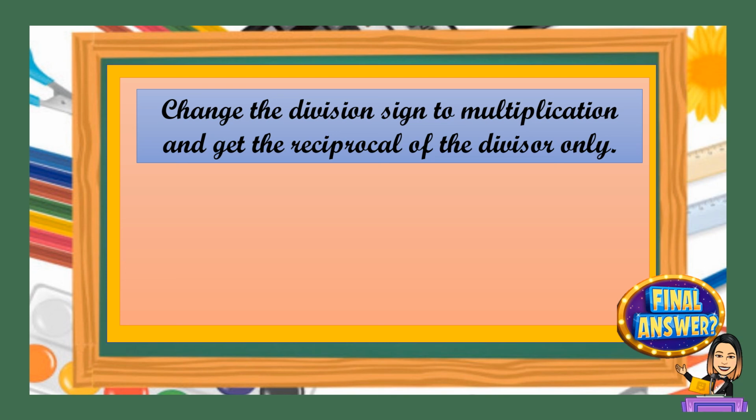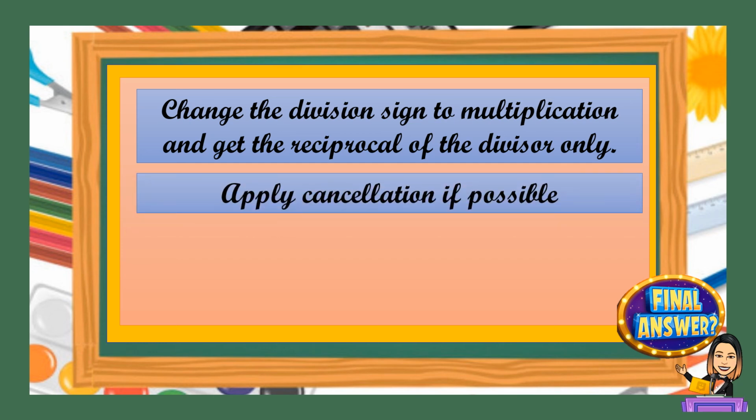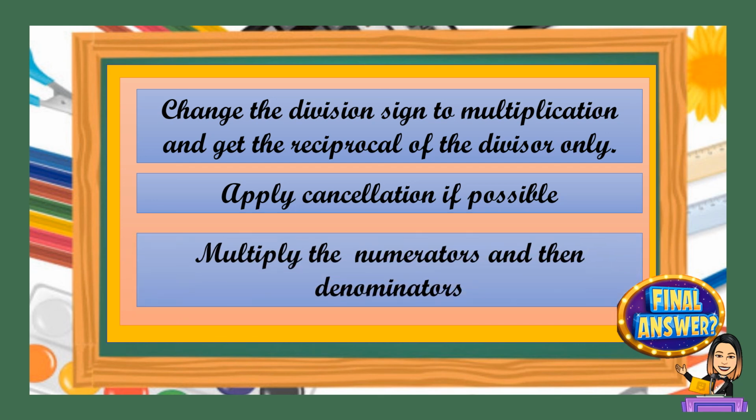Change the division sign to multiplication and get the reciprocal of the divisor only. Apply cancellation if possible. Multiply the numerators and then the denominators. So, get the lowest term if needed.